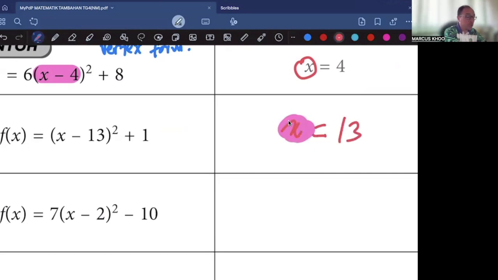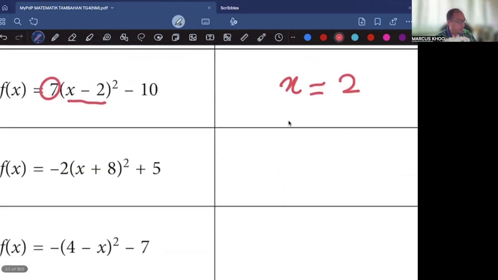That would be the equation of the axis of symmetry for this. Even if there's a number in front, we only look at the thing inside the bracket with the square. So x equals to 2. If it is a positive number inside, x plus 8, the equation of the axis of symmetry will be x equals to minus 8.